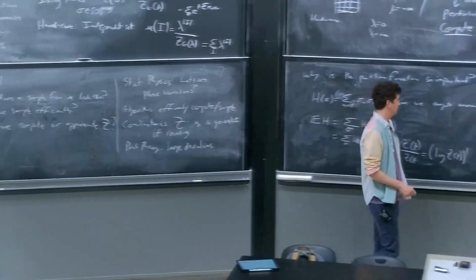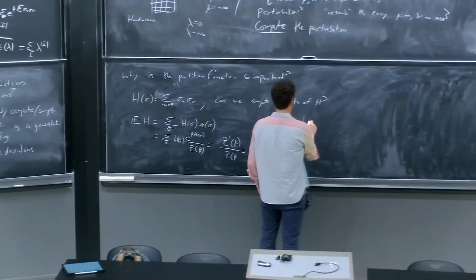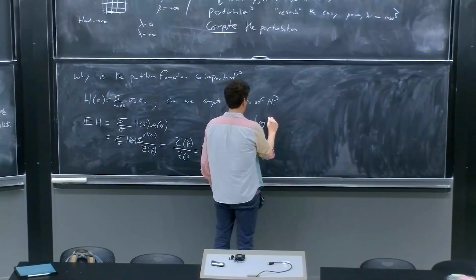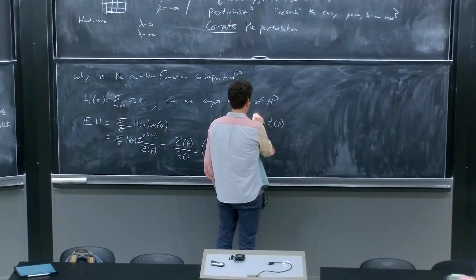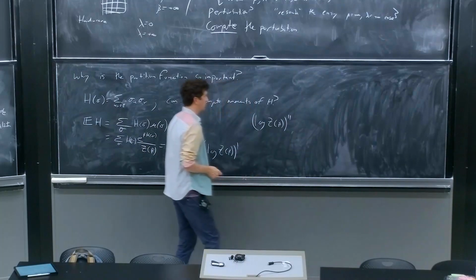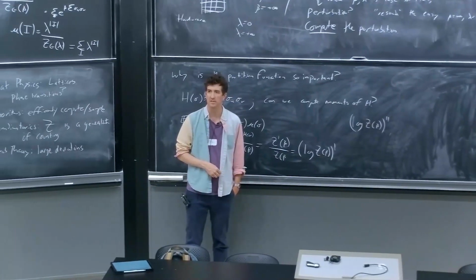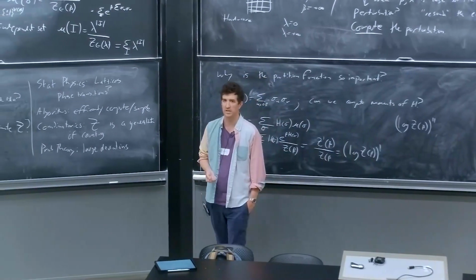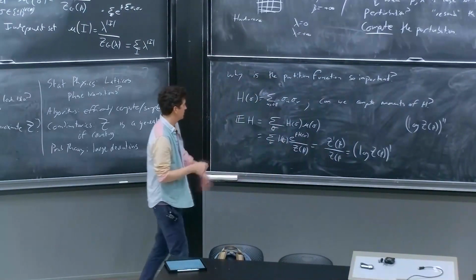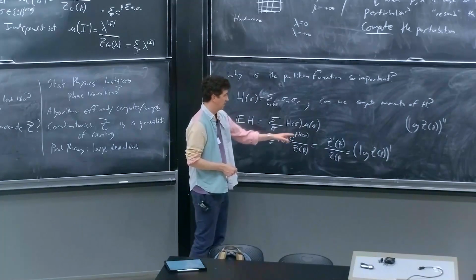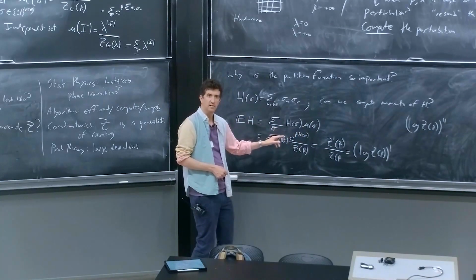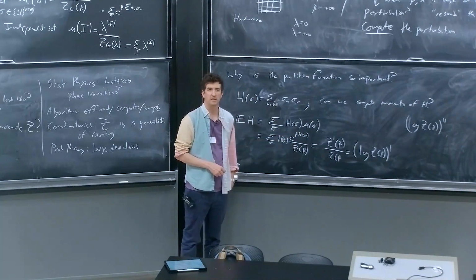You can take another derivative, right? So you can say log Z of beta. I'll leave this as an exercise, but maybe someone wants to shout out the answer. If you take two derivatives of the log partition function, you start to think what happens. If you take another derivative, you get this. So guess what this is?